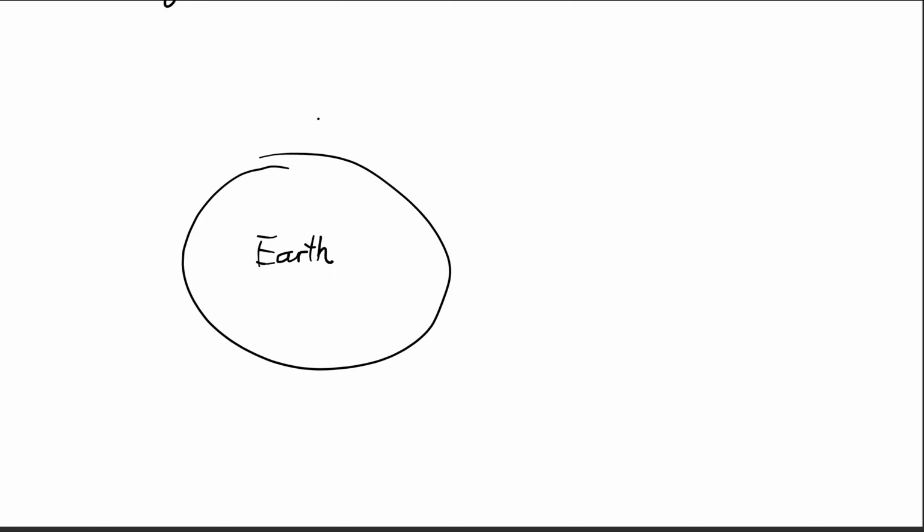If you put a very small mass here, and the distance between the center of the Earth and the mass is r, then the gravitational force acting on the small m, divided by the mass m, is the gravitational field strength at this point.